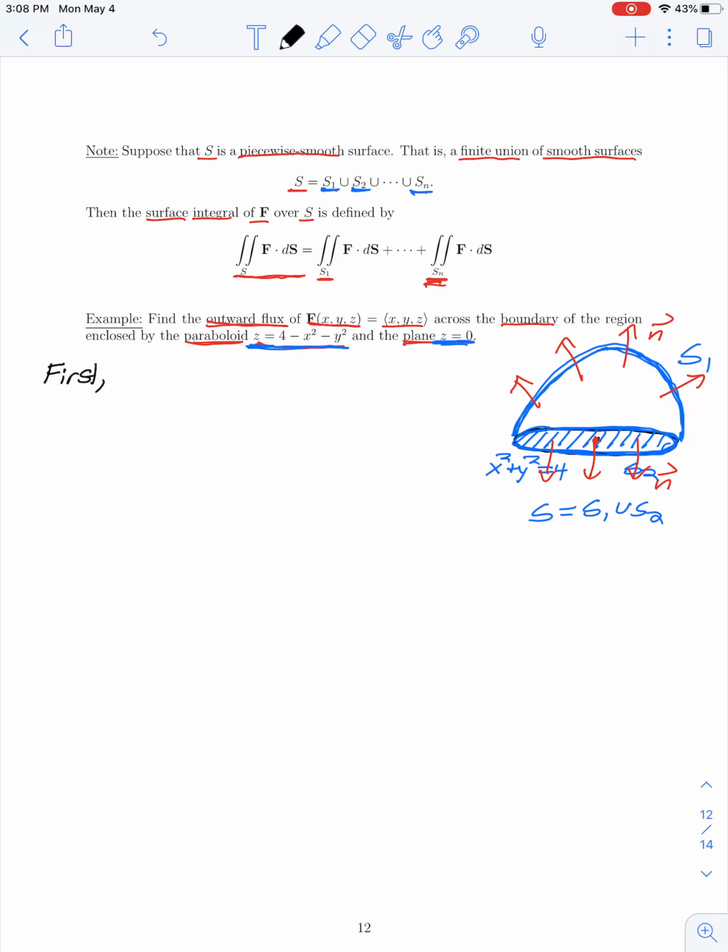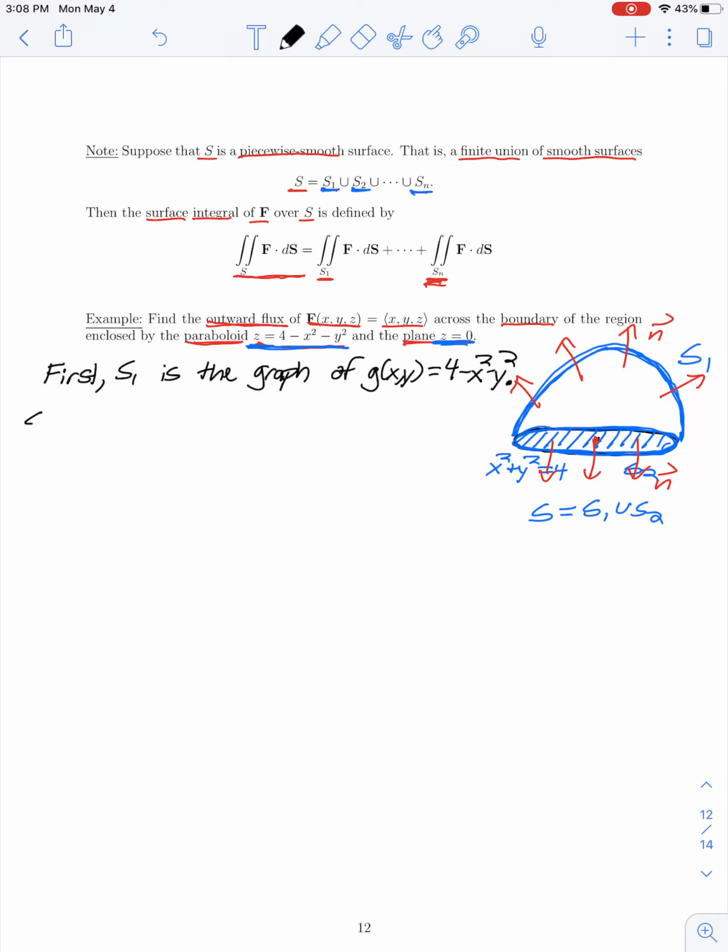So here, let's say first, S1 is the graph of the function g of x, y, which is 4 minus x squared minus y squared.